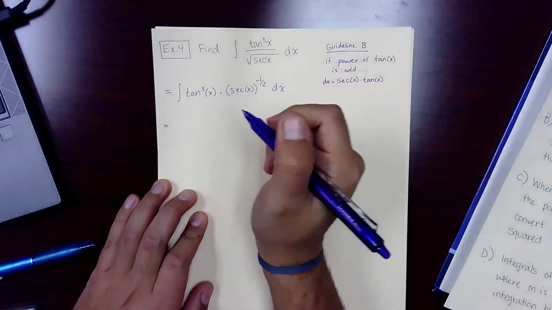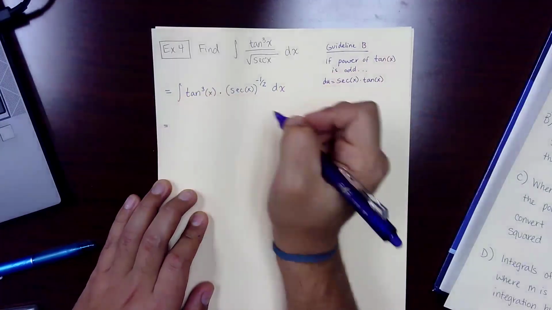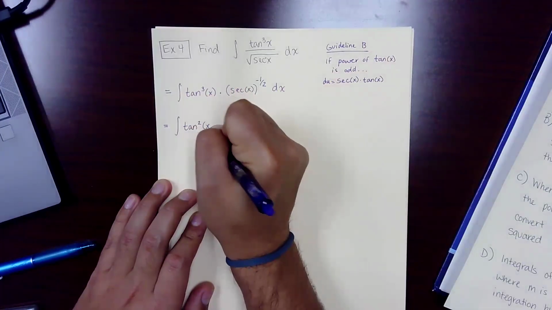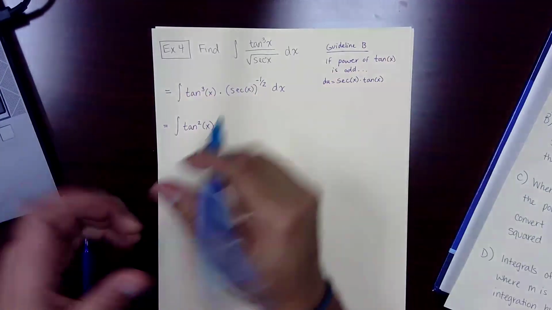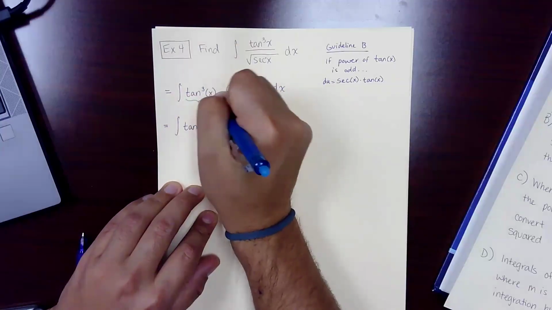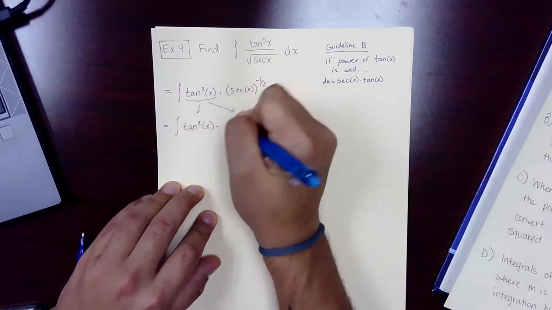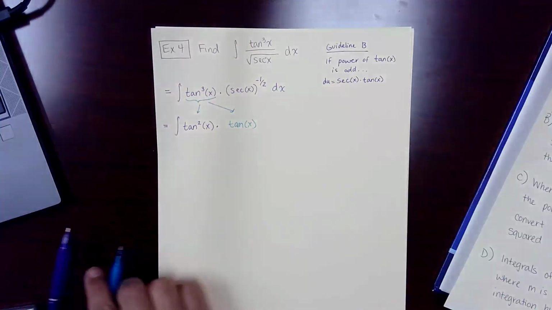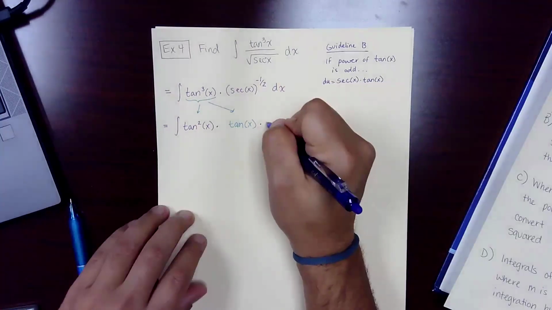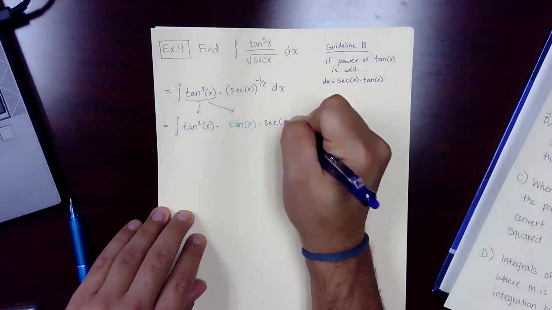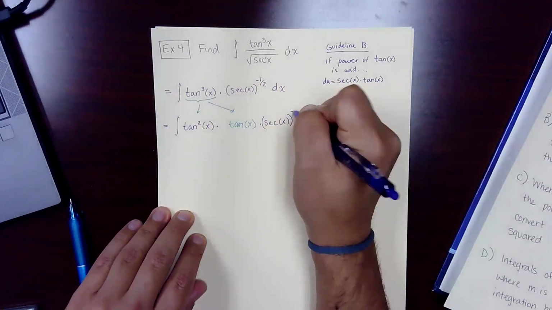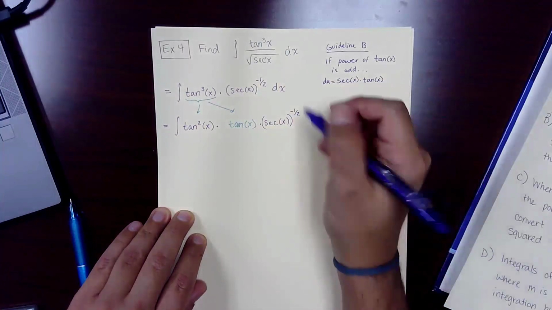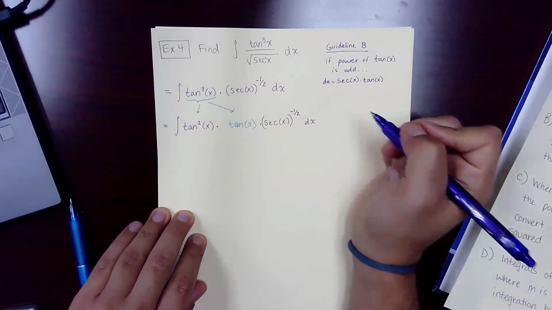So if we're following that guideline, what do we want to do here? We could write this as tangent squared of x times, now I'm breaking this up, an extra tangent of x times secant of x to the negative 1/2 power dx.